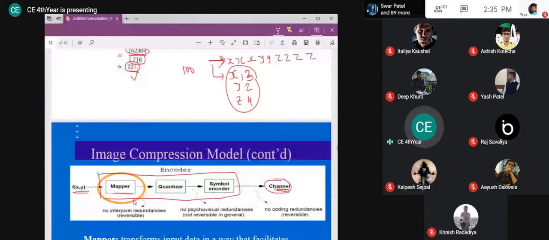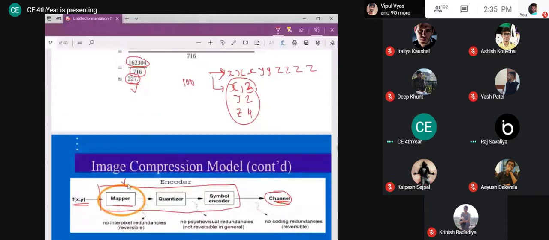This spatial redundancy is reduced by the mapper. So first of all, when an image is given to you, you check whether it has any spatial or temporal redundancy. If yes, then you can simply use run length code. Can I go back from this mapping to the original?